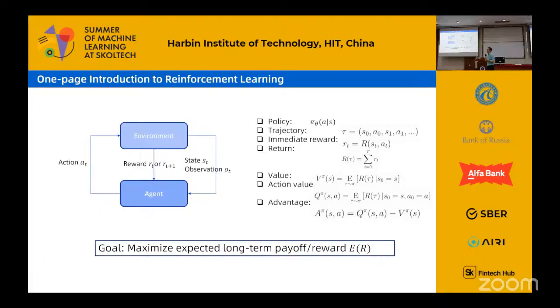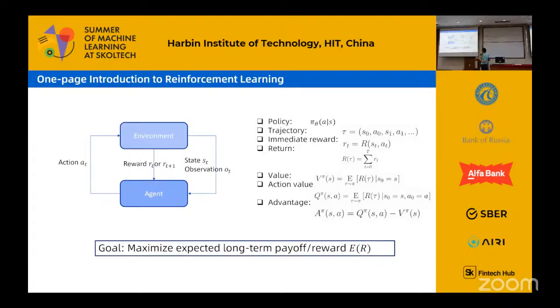If we use an MDP, a Markov decision process, to formulate the problem, the fully observable case is just a normal MDP. The partially observable case is called a partially observable MDP, or POMDP.